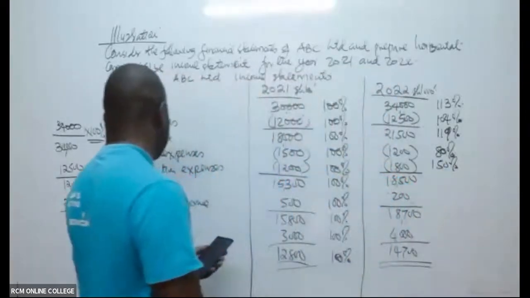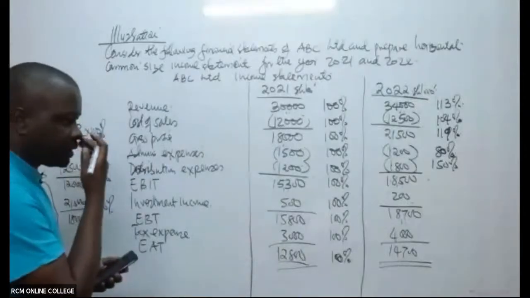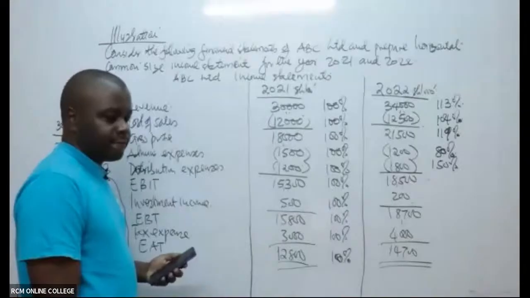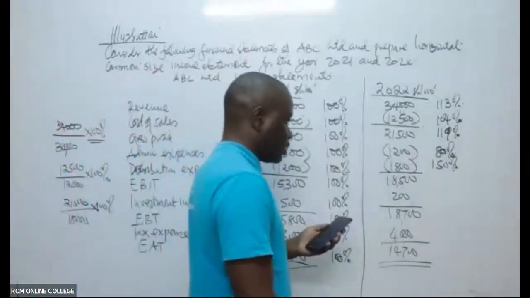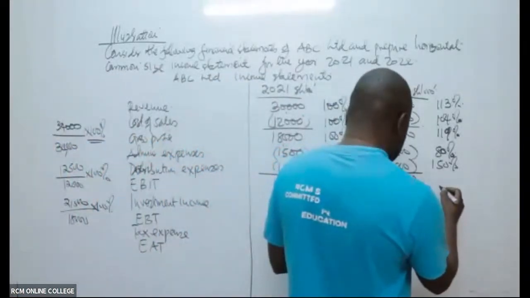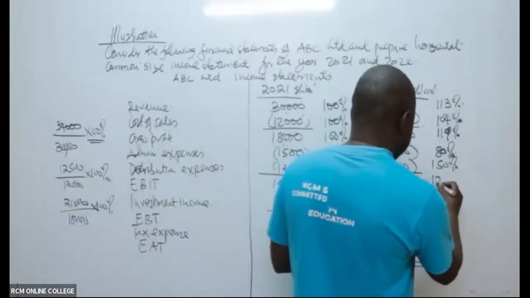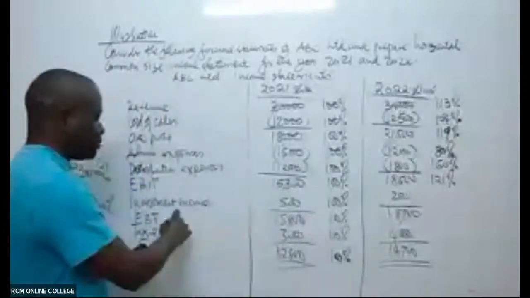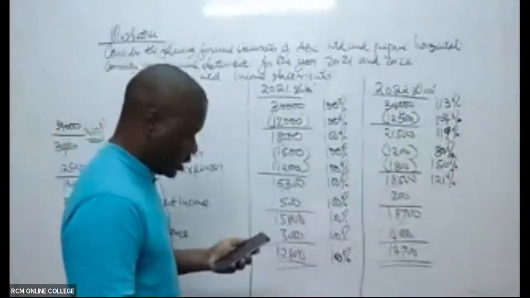And for the EBIT, 121%. What about investment income? 4%.